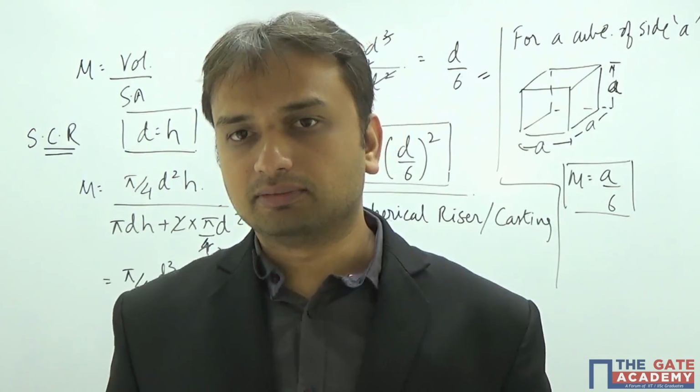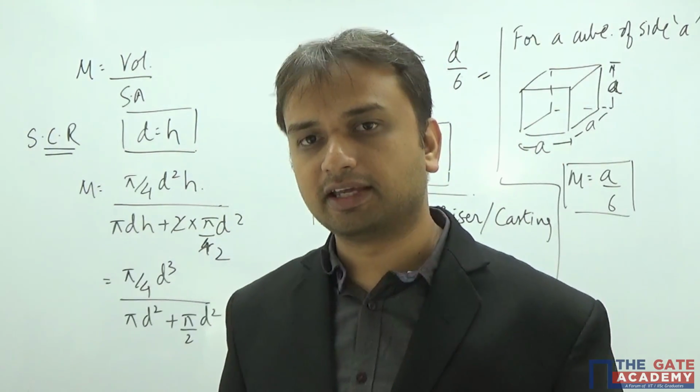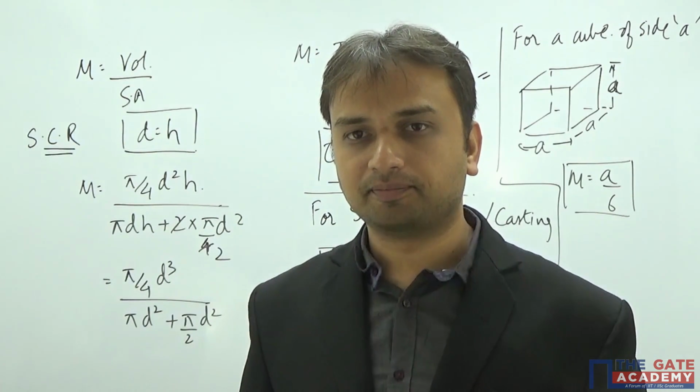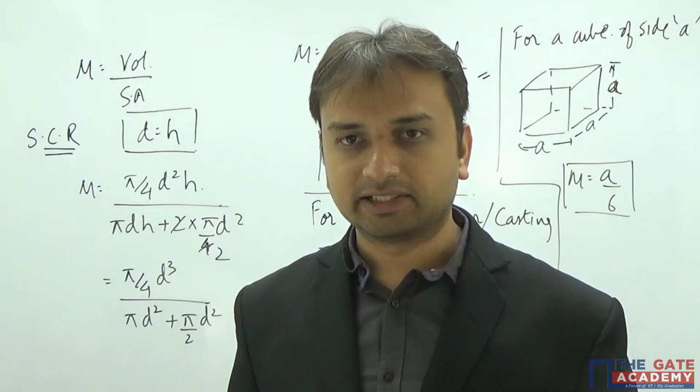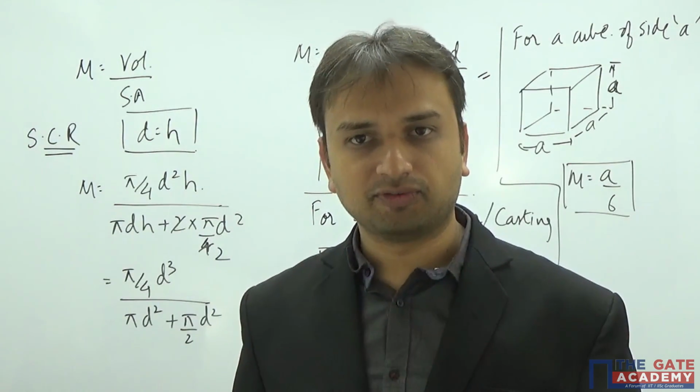So this was your second method, called the modulus method, under the heading of riser design. I hope that you have followed, and that's all for the riser design. Let me summarize what we have done so far.